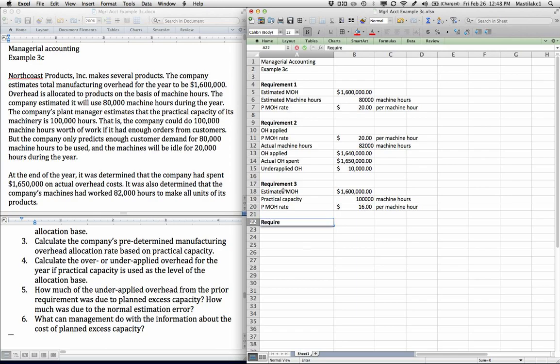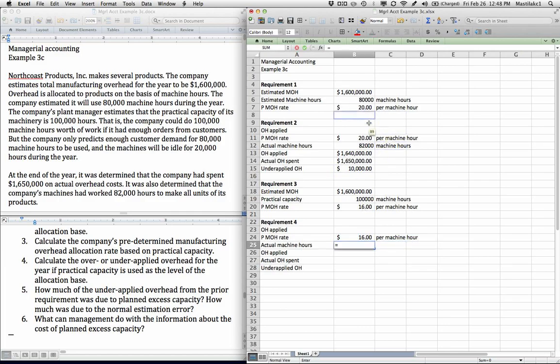Requirement 4 asks us to calculate the under or over applied overhead if this is the overhead rate that we're going to use. So we have to do the same approach where we take our predetermined overhead rate, which in this case is the $16 per machine hour.